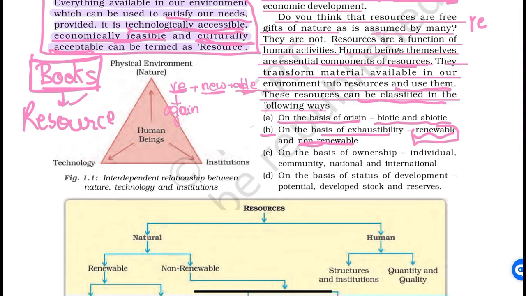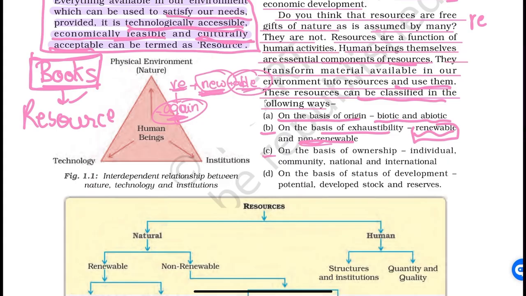So renewable resources never get exhausted; if they are exhausted, they can come again in the environment. They can again become new. So that's renewable, and non-renewable resources cannot again become new.